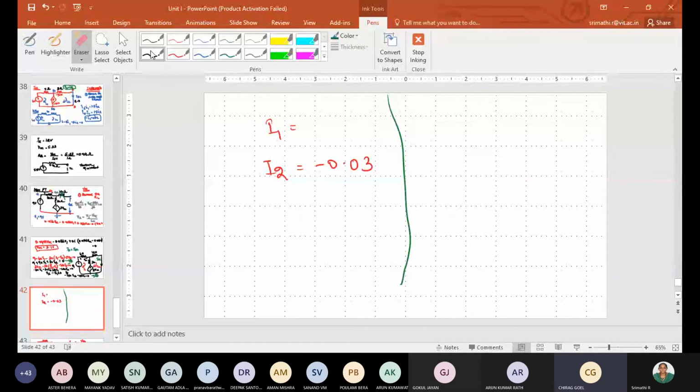Let others confirm. I1 is equal to minus I2, and it's 0.15.